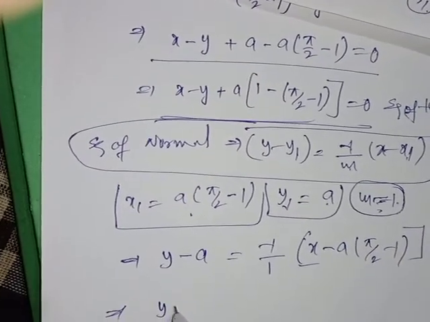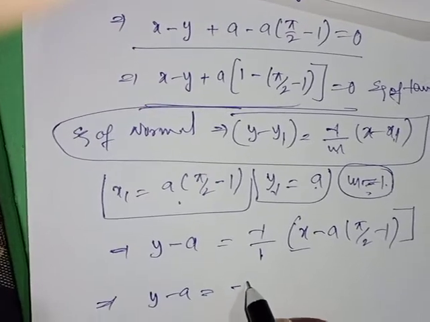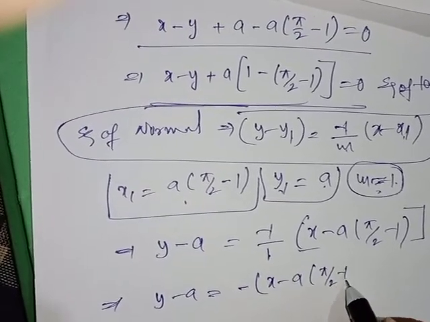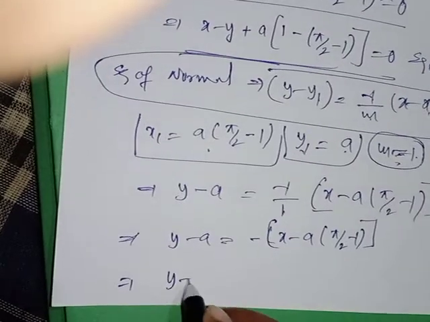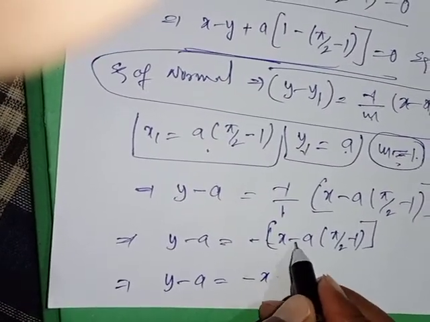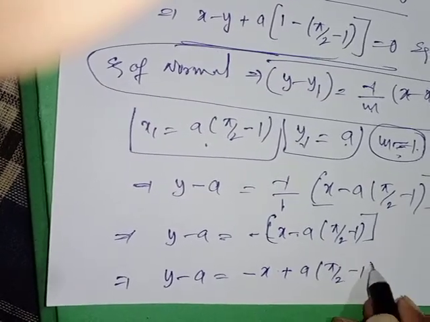That is y minus a, which is minus 1 by 1 is minus, into x minus a into pi by 2 minus 1. Now multiply with the minus, that is y minus a is equal to minus x plus a into pi by 2 minus 1.